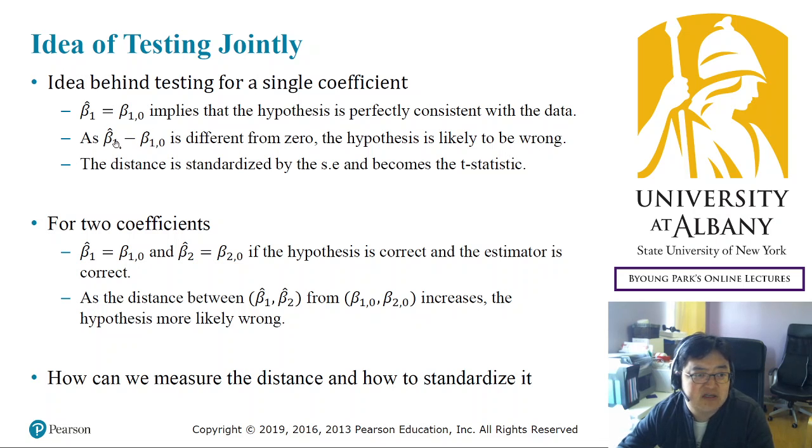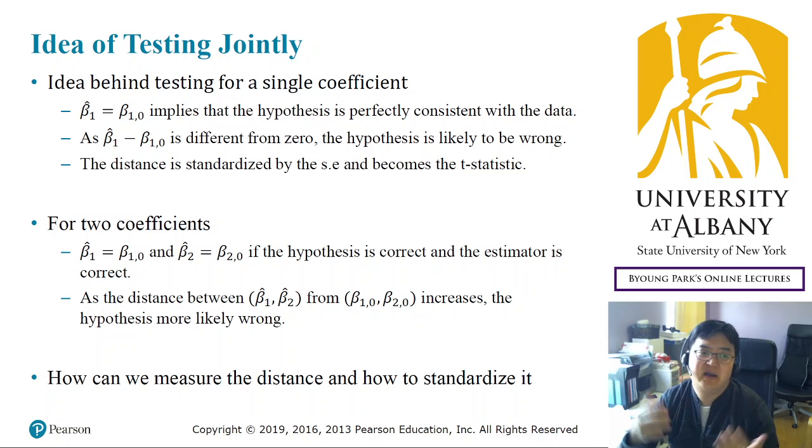And then the distance is standardized by the standard error, and that is the t statistic. So we take the difference between hypothesis and estimate, and then standardize to incorporate the size of the potential error. Potential random error is incorporated into the statistic by the standard error. So the result is the t statistic.